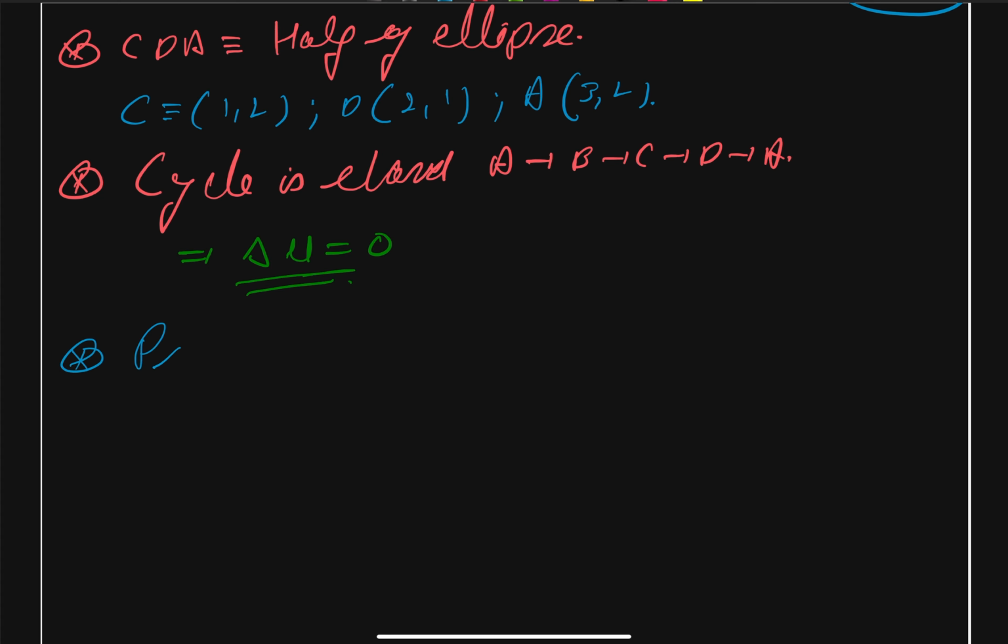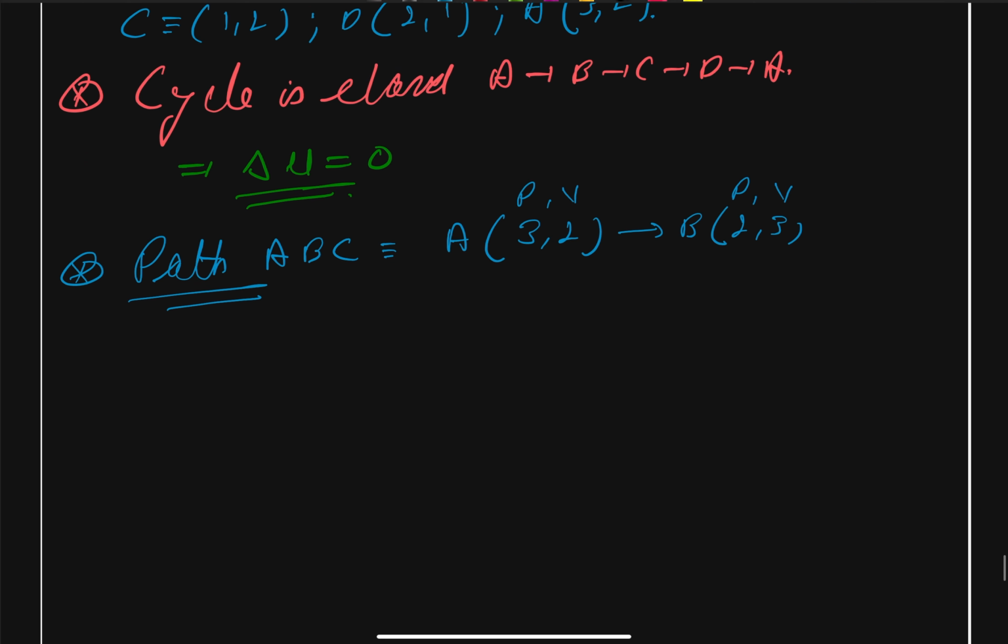So the first path is ABC, and it starts from A, that is 3, 2, and moves to B, which is 2, 3. Remember, this is pressure, volume. So obviously the pressure is decreasing and volume is increasing.